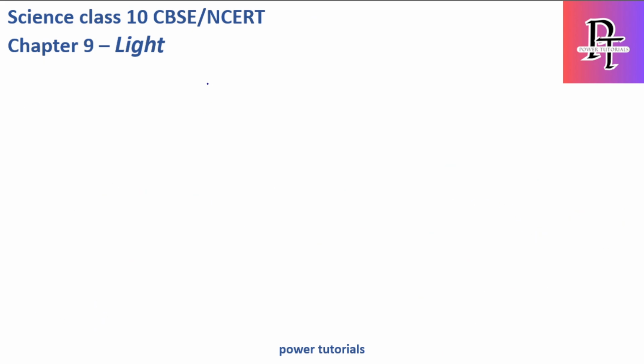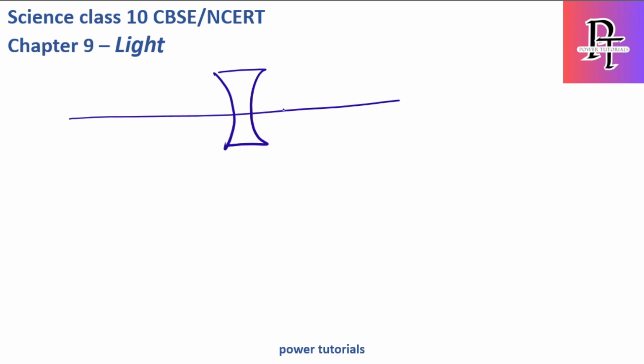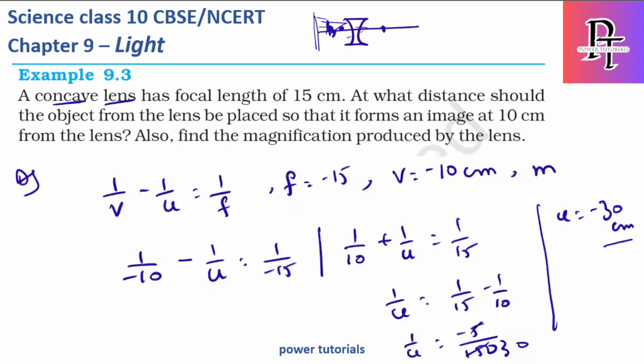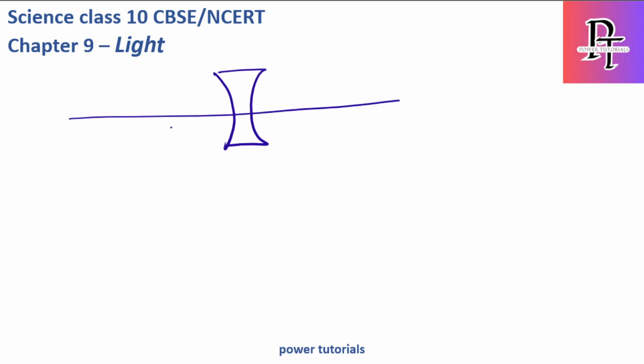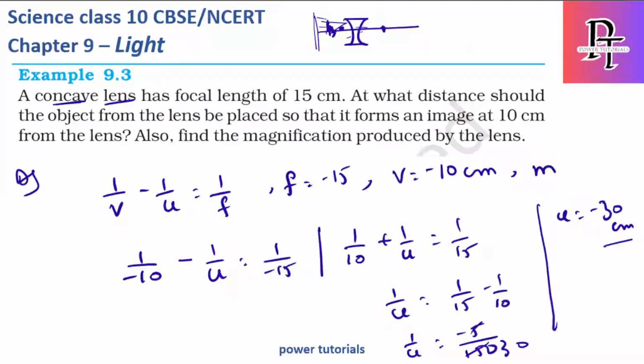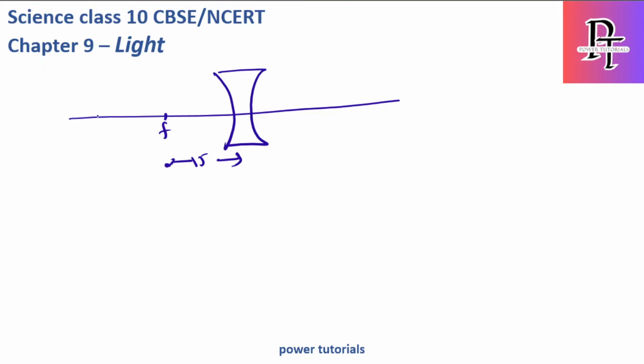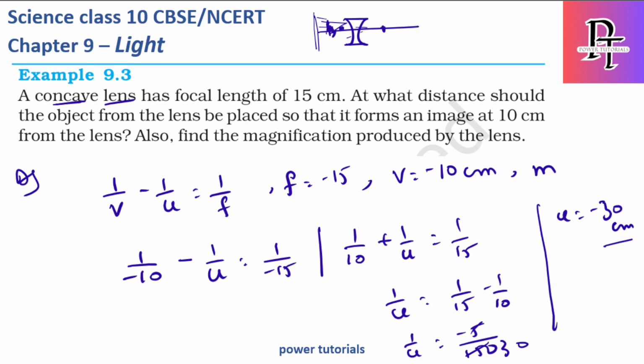I'll draw in the next slide. So this is the concave lens. We have the object. Okay, what is the focal length? 15. We have the focal length as 15, and we have the object at how much? 30 centimeters. So here we have the object exactly at 2f, and we have the image created at which point? 10 centimeters.